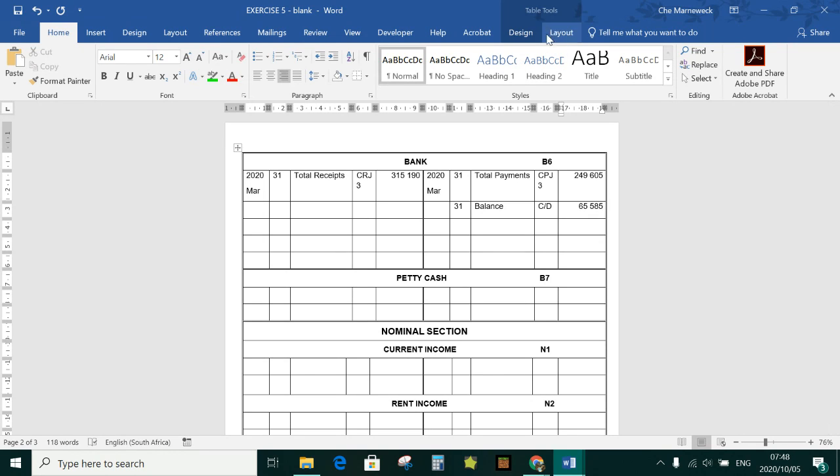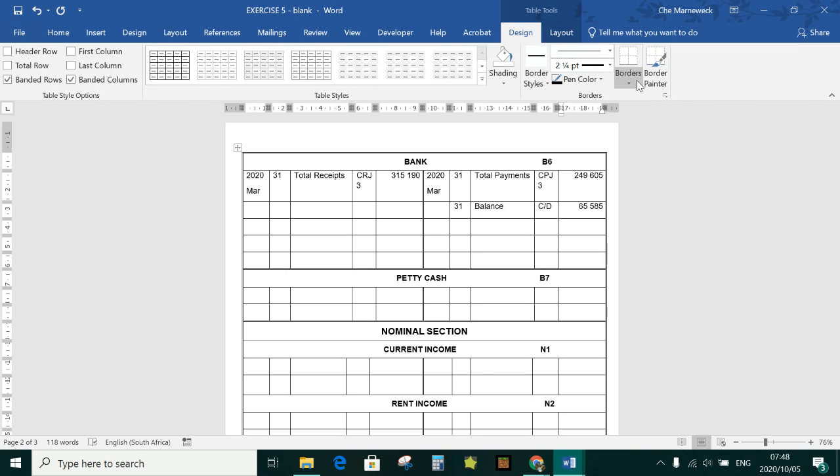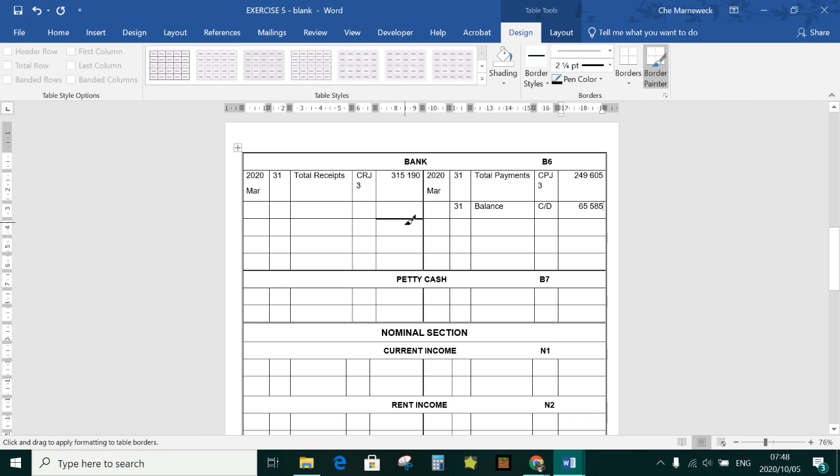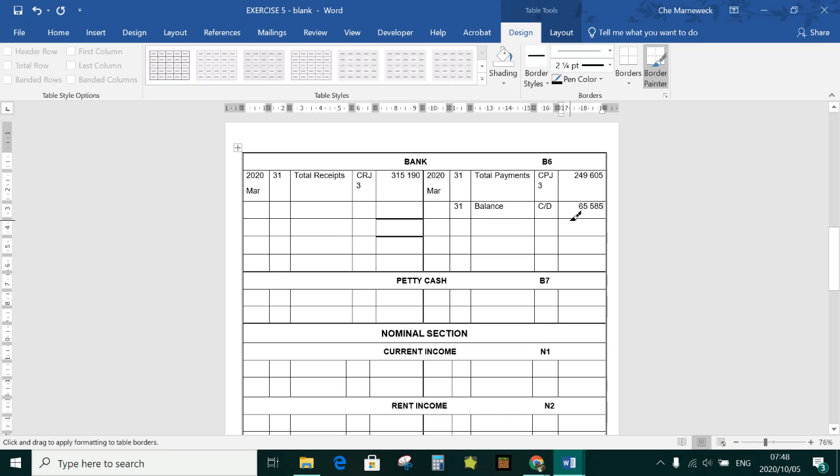We now are going to take our ruler and we insert a line above, a line below on both sides of our amounts, and we add them up. Both sides should add up to 315,190.